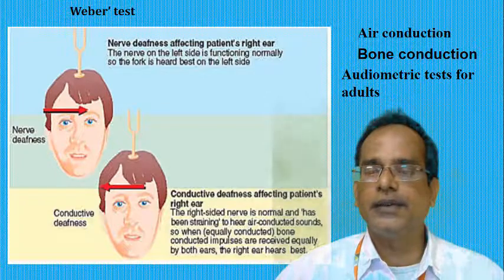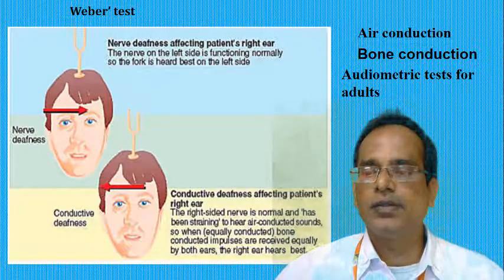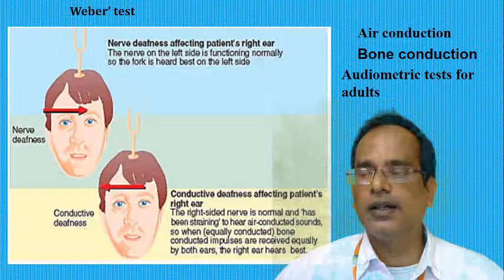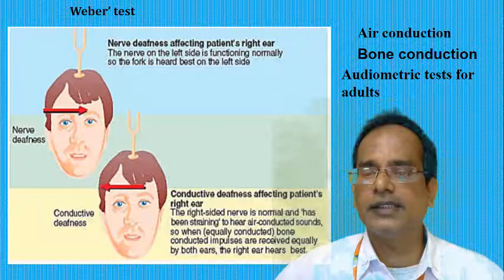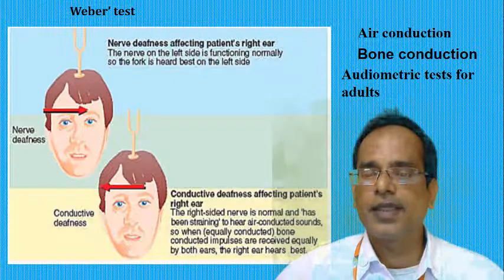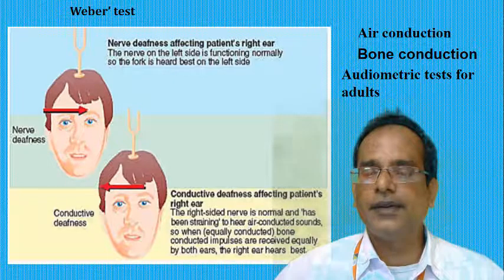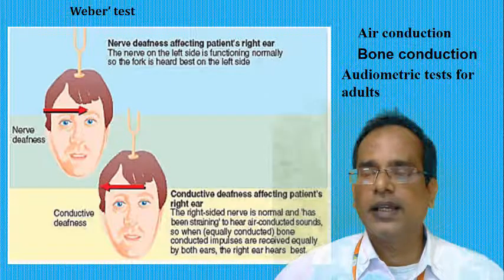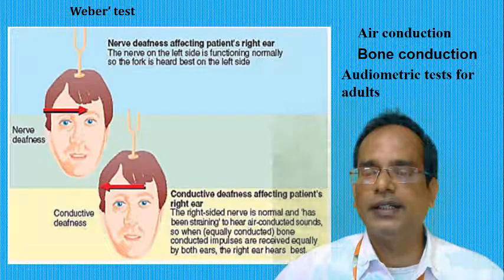Second, with conductive hearing loss, bone conduction sound is heard longer than or equally as long as air conduction. Third, with sensorineural hearing loss, air conduction is heard longer than bone conduction in the affected ear, but less than a 2:1 ratio.